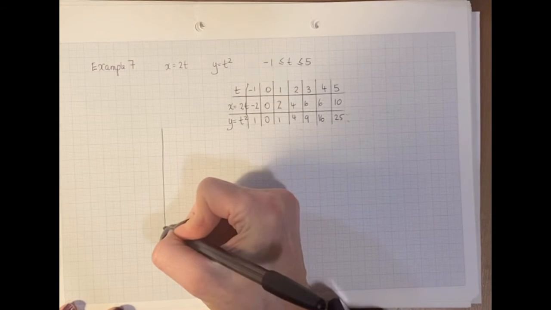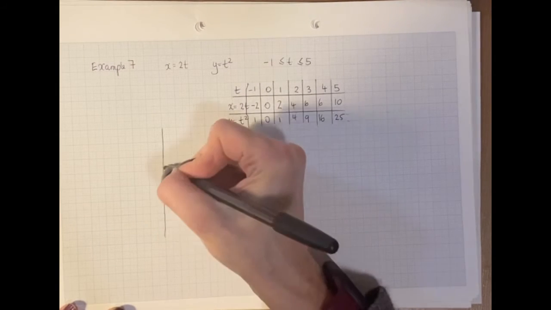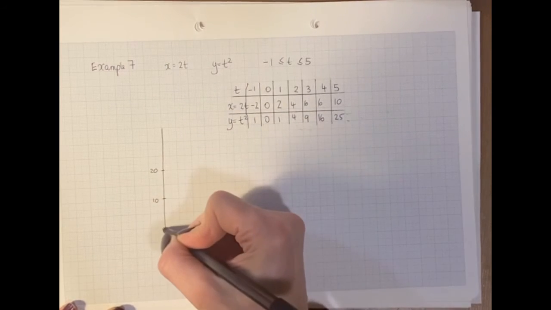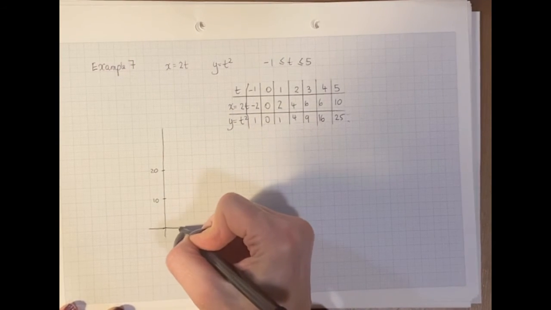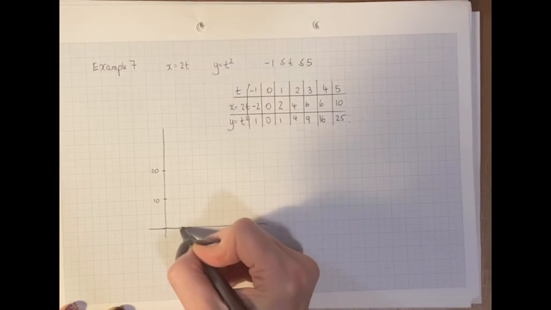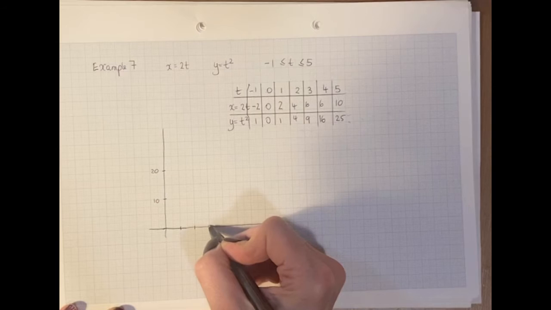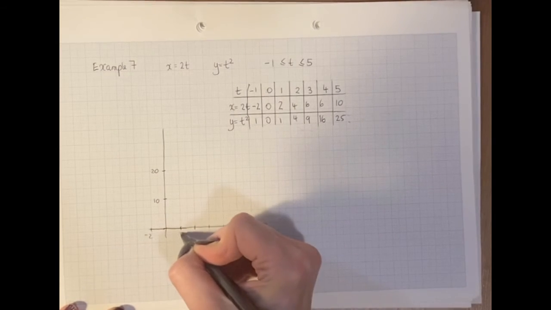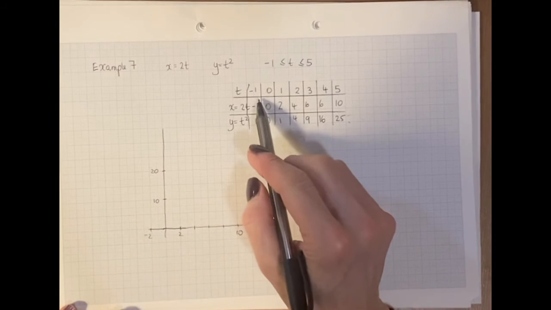So if I go to 10, 20 along the y-axis, x's are going to be, I need to go up to 10, so 2, 4, 6, 8, 10, and then -2 here. So let's plot these points.